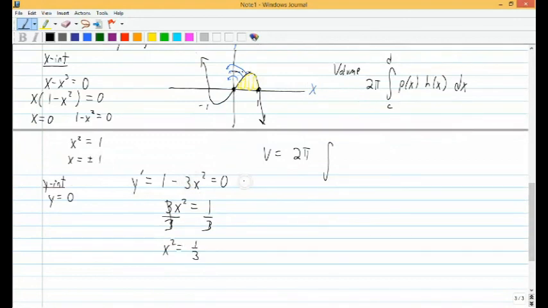When you move that over, it becomes positive, and then you flip it around, all this would be positive. So divide by 3 on both sides, take the square root of both sides.